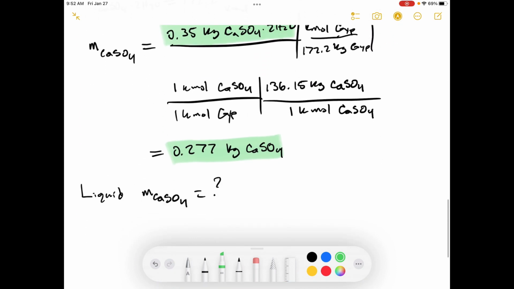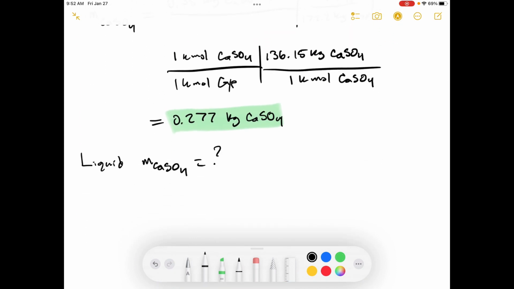So the volume of liquid solution, this is an L for liquid, equals 1 liter minus 0.151 liters, because we're taking how much volume we started with and subtracting out the solids volume, so the rest should be liquid volume, and that equals this much liquid.